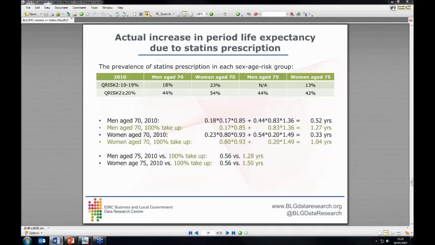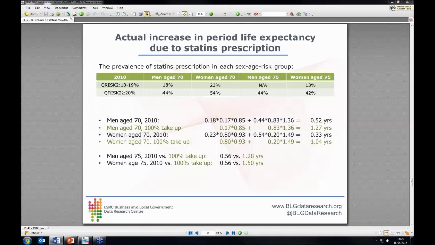For women aged 70 with the 2010 prescription rate, the national period life expectancy increased by 0.3 years. If all these women would have been prescribed statins, the national period life expectancy would have been increased by 1 year.